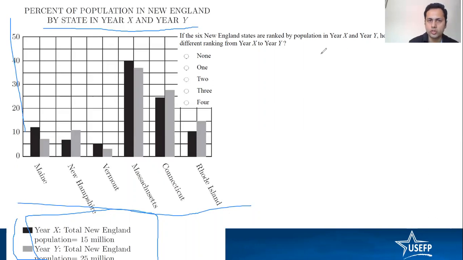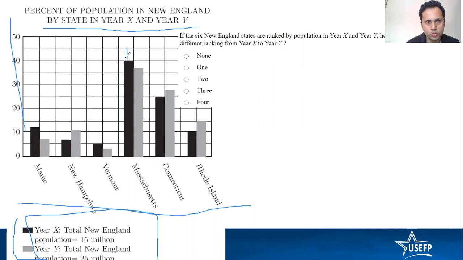In the first question, if the 6 New England states are ranked by population in year X and year Y, how many states would have a different ranking from year X to year Y? In year X, which state had the maximum population?